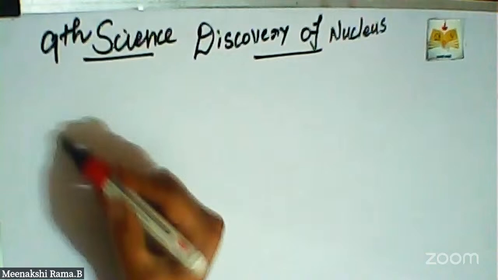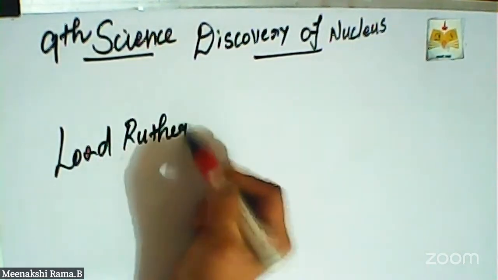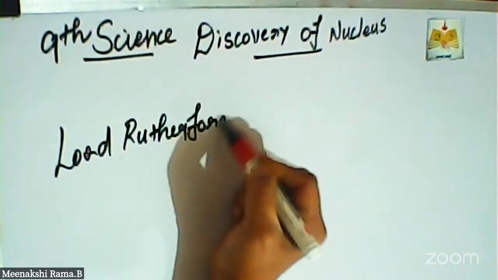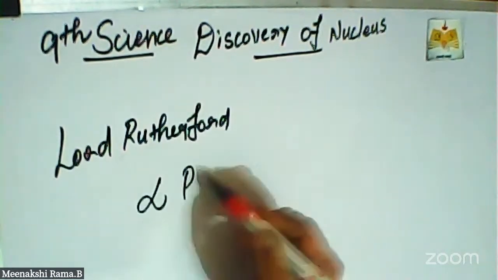Lord Rutherford, the scientist from New Zealand, did one experiment regarding the atom. He took a gold foil. The bombarding of thin gold foil with very small positively charged particles is called alpha particles.